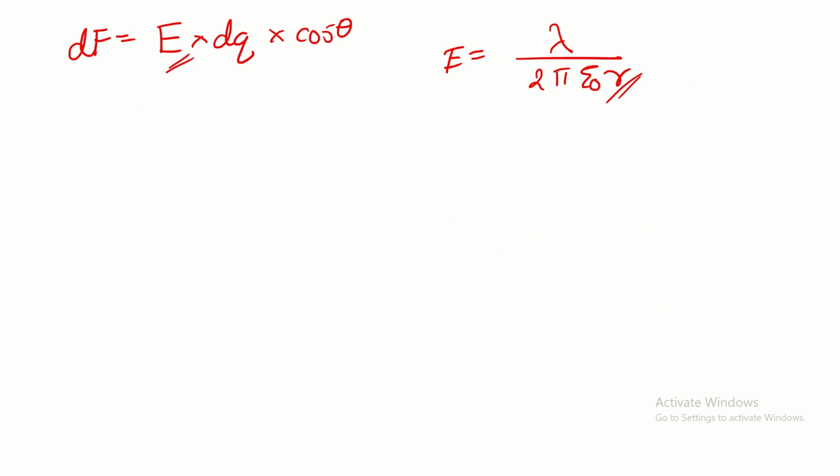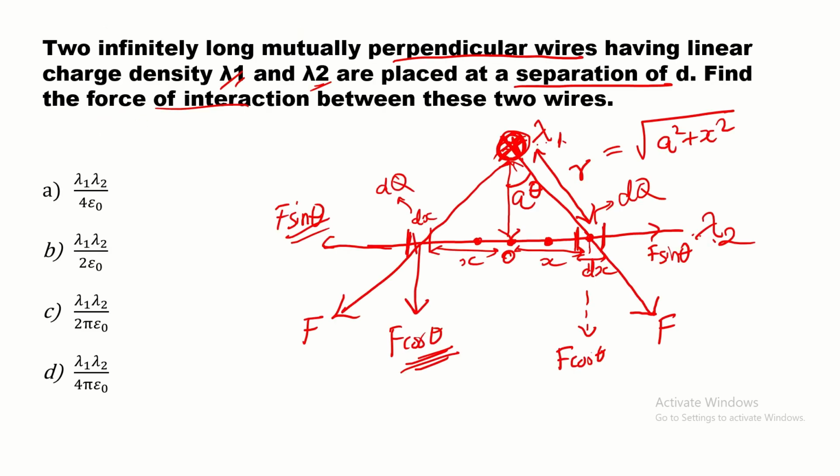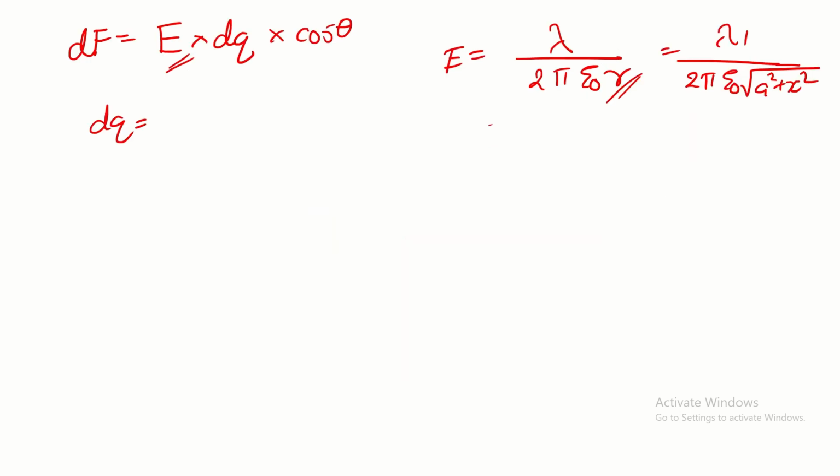So E over here in this case would be lambda 1, because we're considering the lambda 1 wire, by 2 pi epsilon naught into r, where r is root a square plus x square. And then dq, since dq is part of the wire with lambda 2, we can write it as lambda 2 into dx because it has uniform charge density.